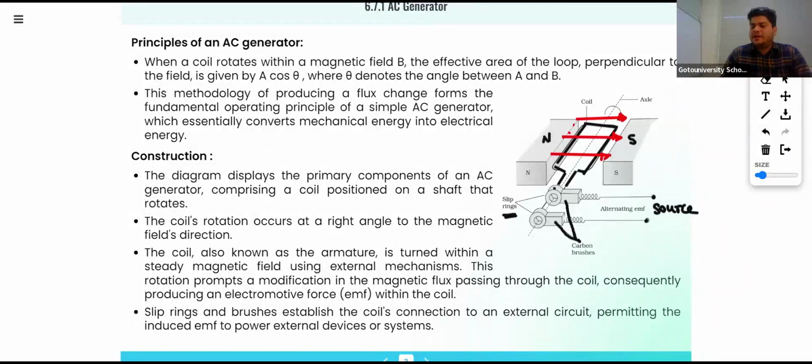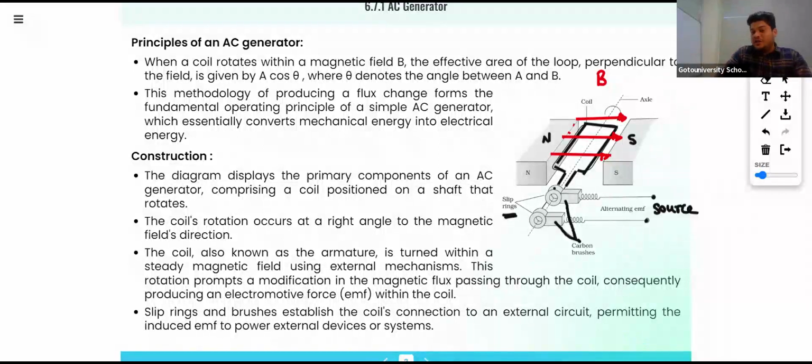When the armature coil starts moving, there will be a cut in the flux. That means there will be a change in the flux, and whenever there is a change in the flux, there will be induced EMF. That induced EMF is connected to slip rings, the slip rings are connected to carbon brushes, and the carbon brushes are connected to the source. This is how an AC generator works.